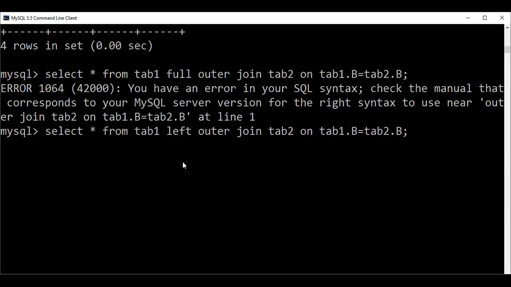Now here I'm replacing this by left outer join tab 2. Then I'm putting a union operation. In this way you can also use union all.